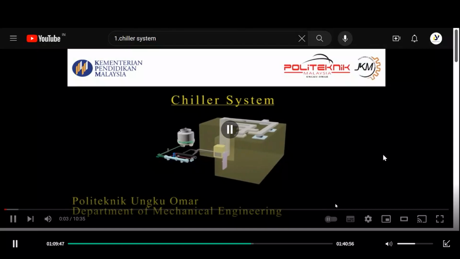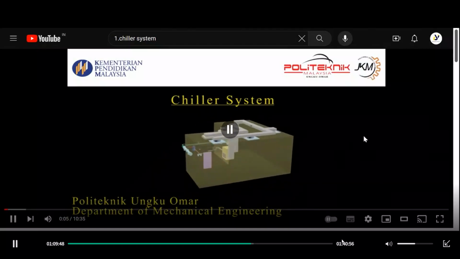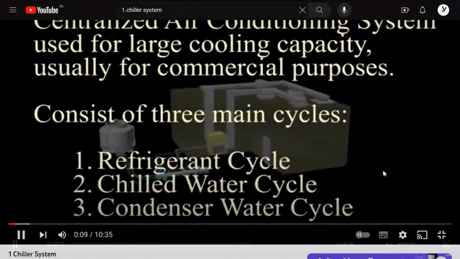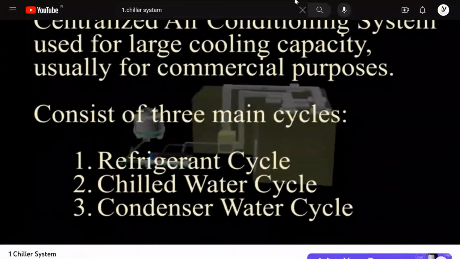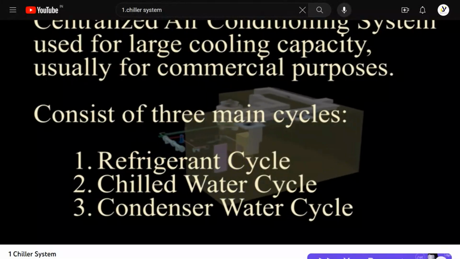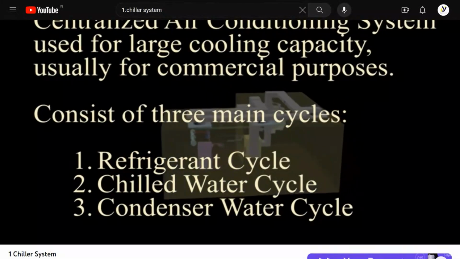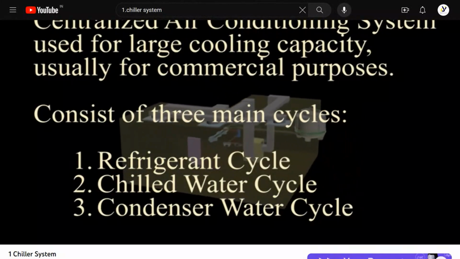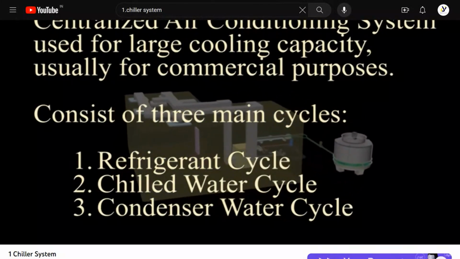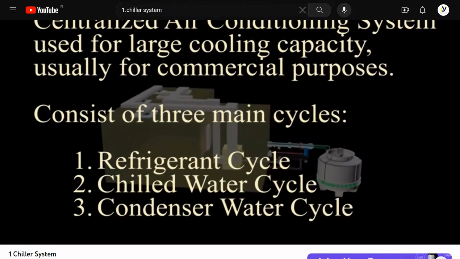Chiller system. A centralized air conditioning system used for large cooling capacity, usually for commercial purposes. A chiller system consists of three main cycles, which are the refrigerant cycle, chilled water cycle, and condenser water cycle.